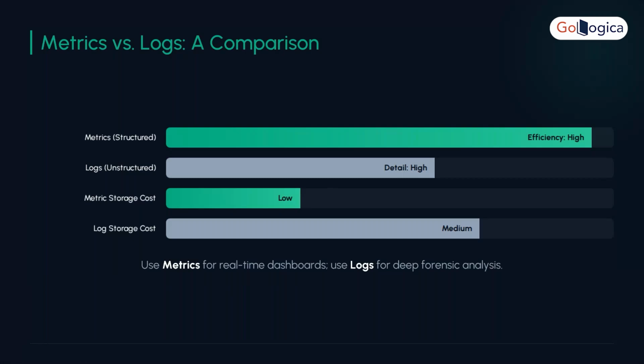So metrics tell us what happened, and logs are more detail oriented. We can see why it happened. So metrics tell us what happened, and logs tell us why it happened.